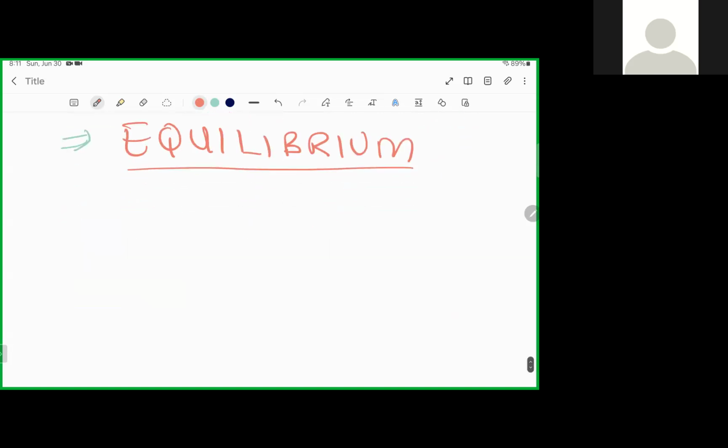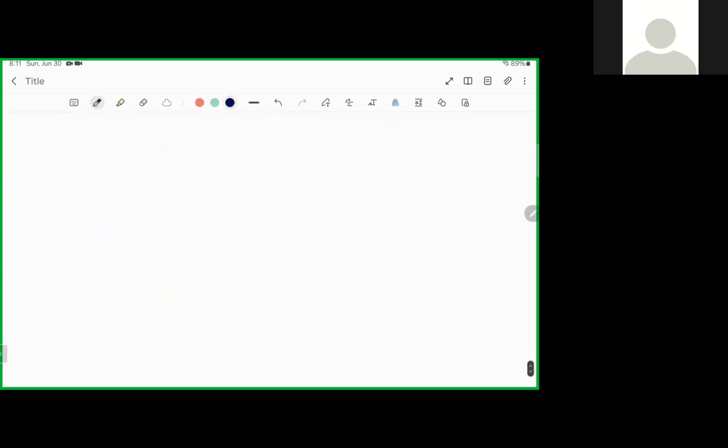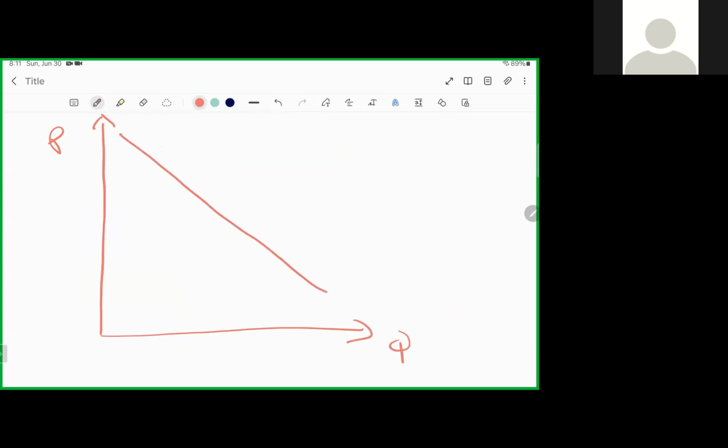So we have our demand curve that slopes downward from left to right, okay? And we have our supply curve that slopes upward.